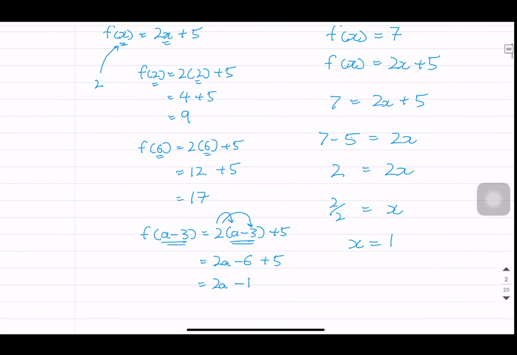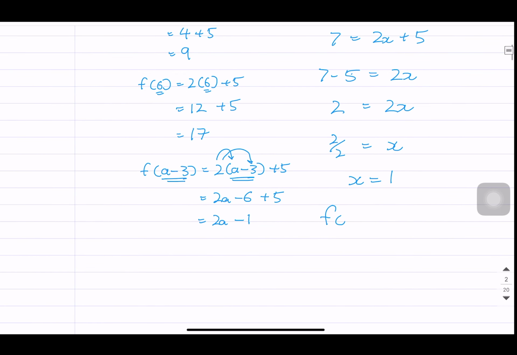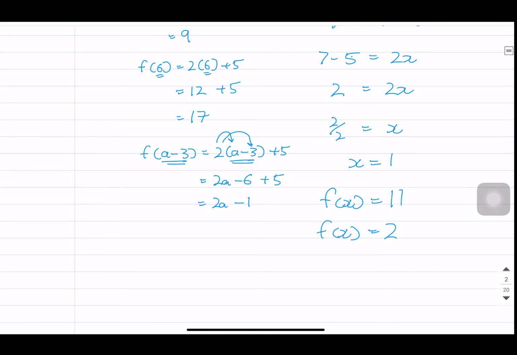Let me try that again with something more complicated. Let's have f of x equals 11. We also know that f of x equals 2x plus 5.